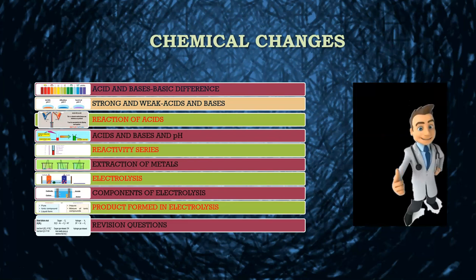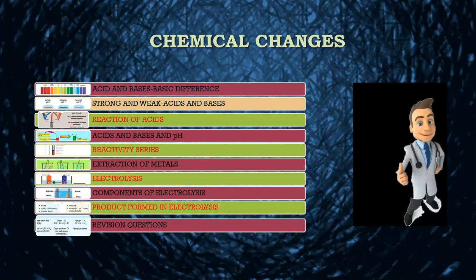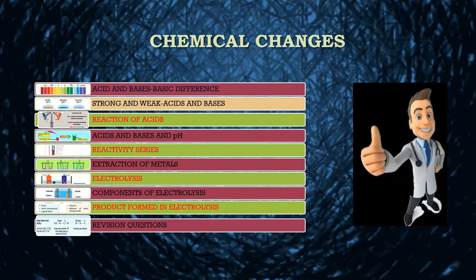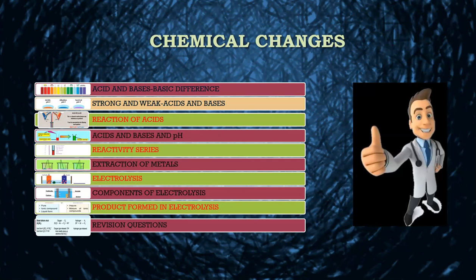We're going to study the process of electrolysis and the prediction of the products in this process. And at the very last, we're going to discuss some questions on these topics.